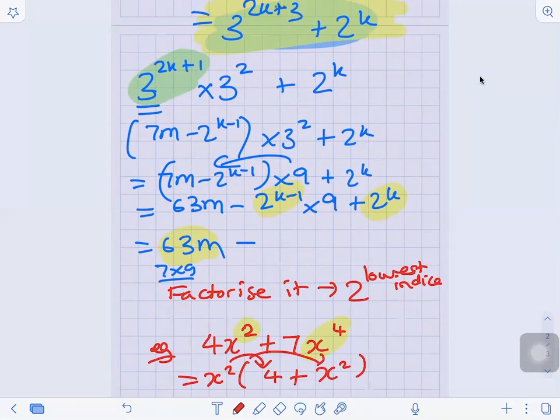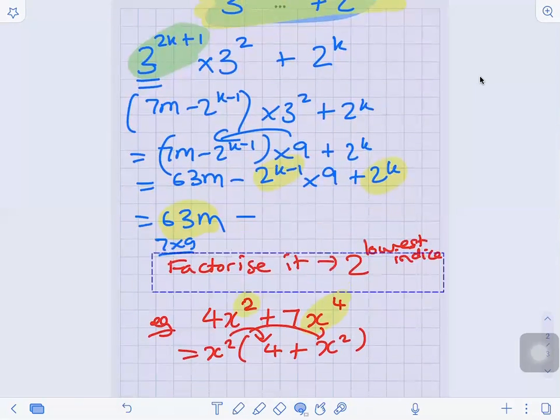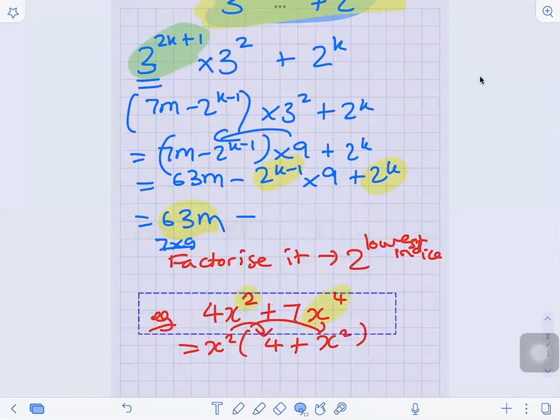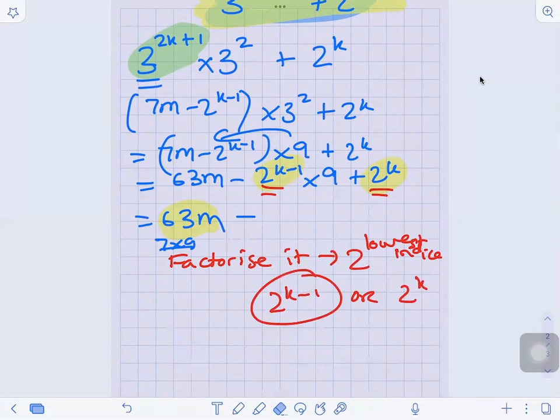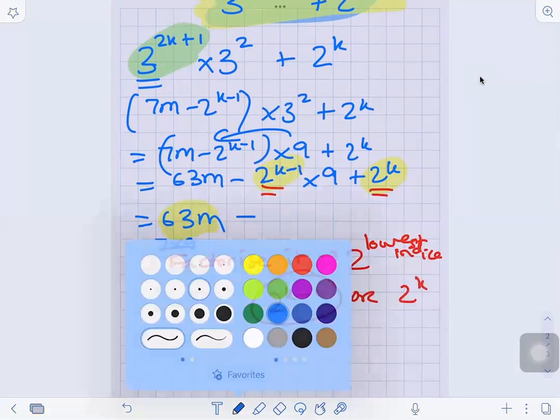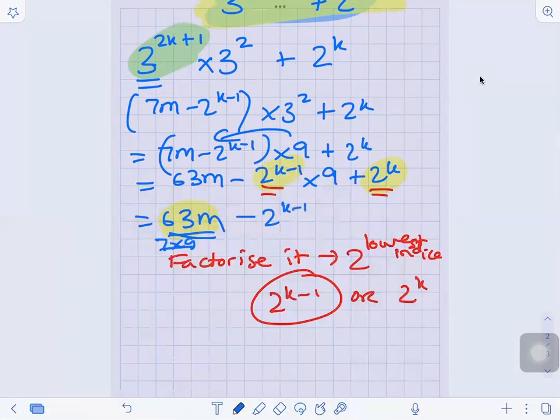So now if you apply that same situation here, the lowest indice: is it 2 to the k minus 1 or is it 2 to the k? And the answer is 2 to the k minus 1, because k minus 1 is smaller than k. So you have 63m minus 2 to the k minus 1.